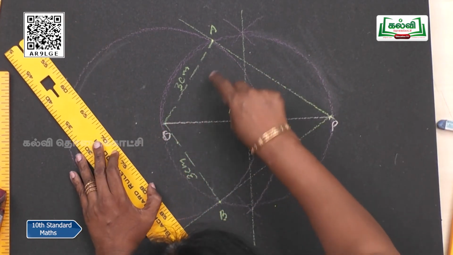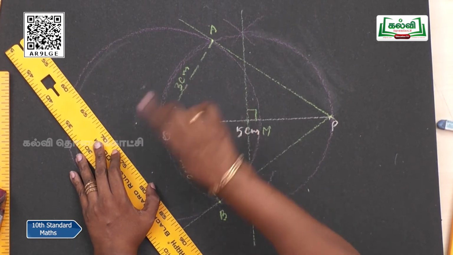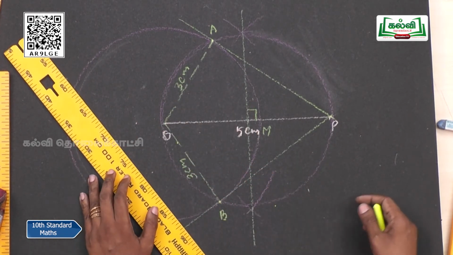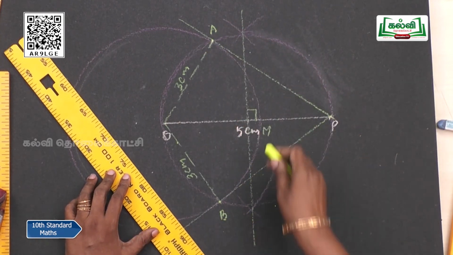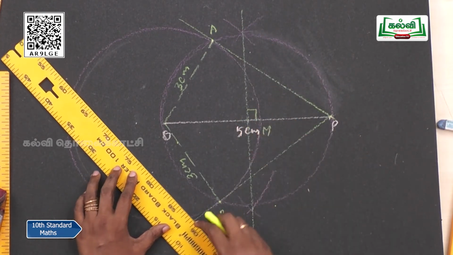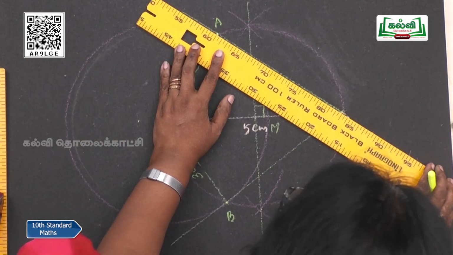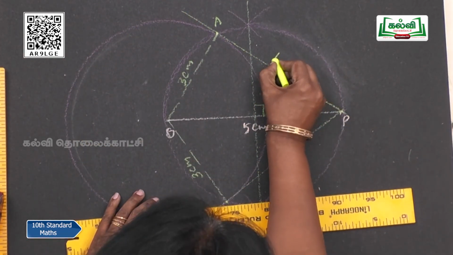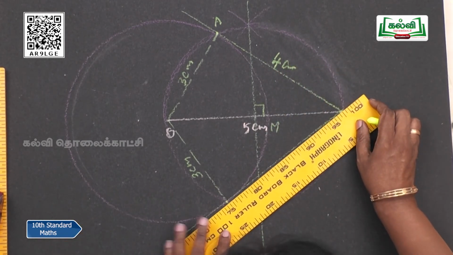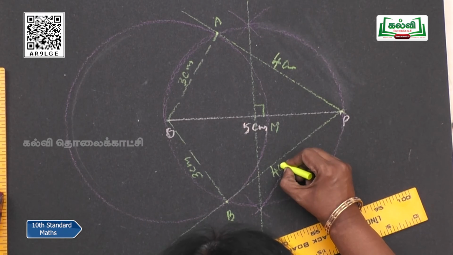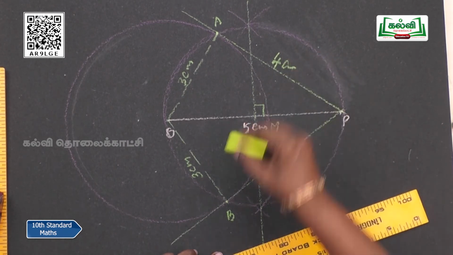After joining OA and OB, write 3 centimeter and 3 centimeter. Now we will have to check it. How much is the length of PA and PB? Now this is our required tangent, no? So we are going to measure it now. Exactly 4 centimeter. And here also you can check it. This is also 4 centimeter. So you mark it 4 centimeter and 4 centimeter.